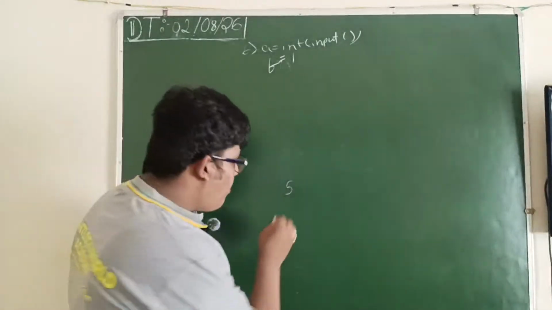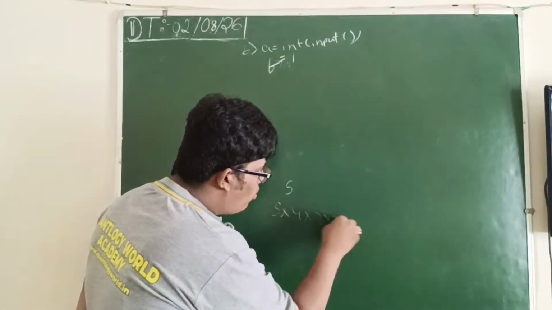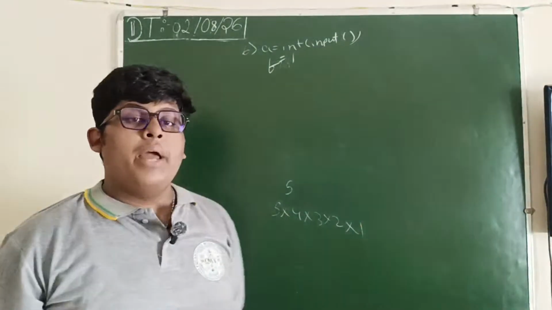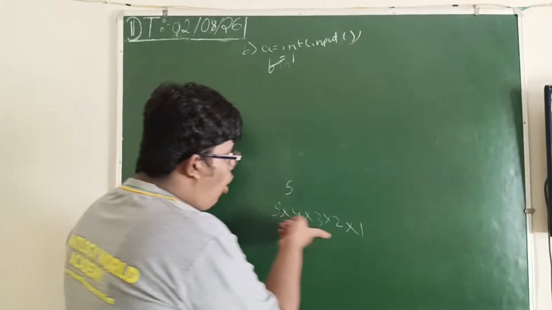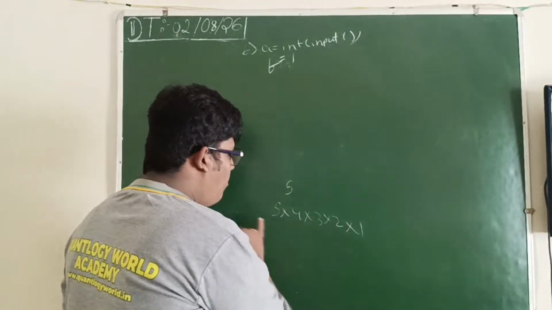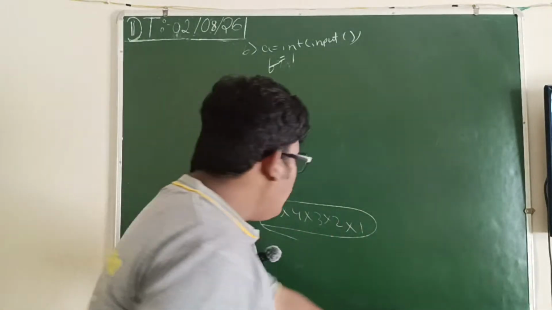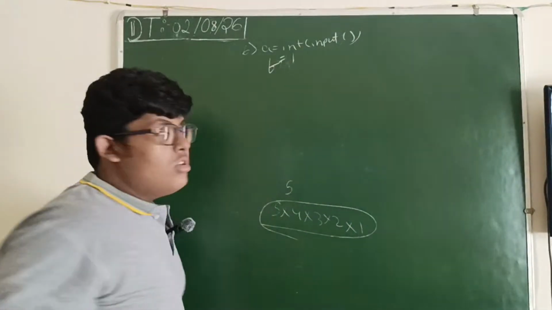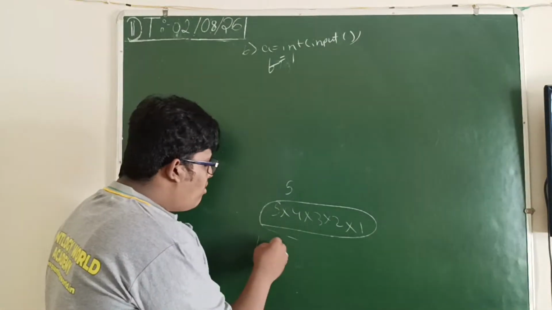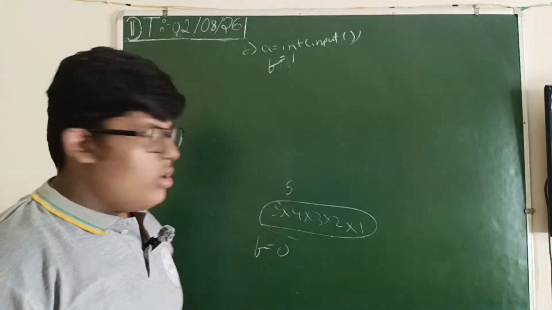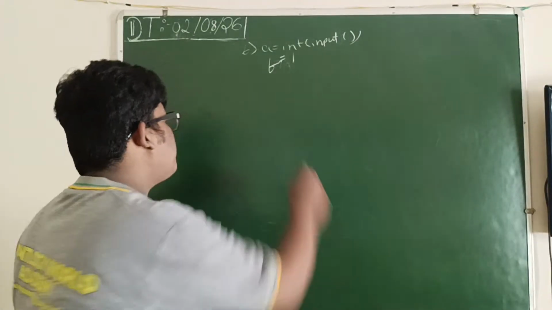Then what is the factorial of 5? 5 into 4 into 3 into 2 into 1. This is the logic behind getting the factorial of a number. Multiply all numbers from that number down to 1. If we take the initial number as 0, then after multiplication the factorial will always come as 0. So we are taking the initial value as 1.